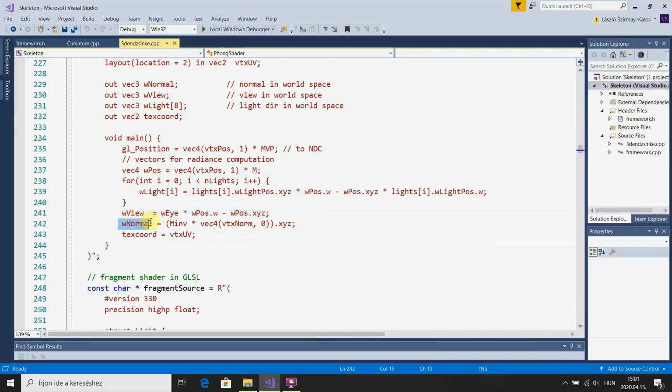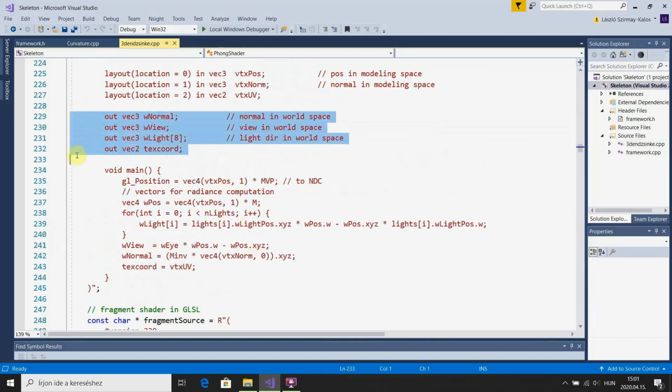The normal vector in world space is obtained by transforming the normal vector in modeling space to world space with the application of the inverse modeling transformation. The texture coordinates are just copied without any modification.